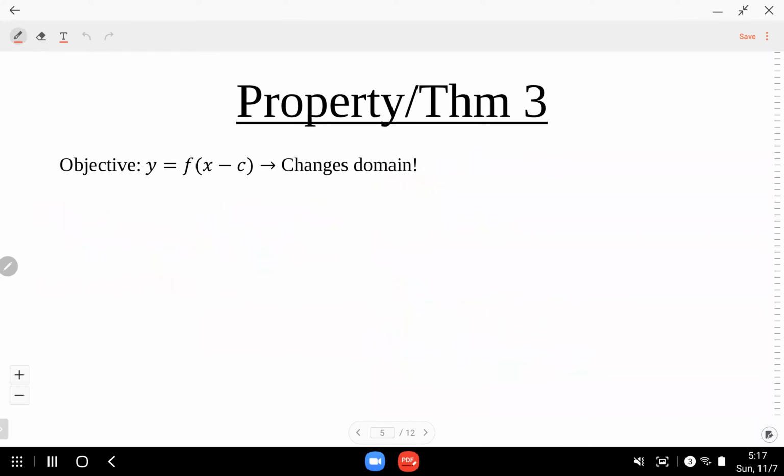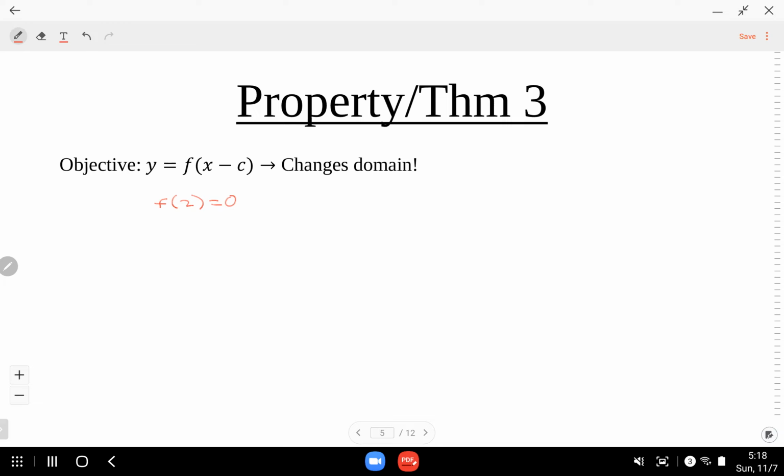Next property, y equals f of x minus c, and this changes domain because it affects x directly, okay? So if you have a point on a function, let's say 2, 0.